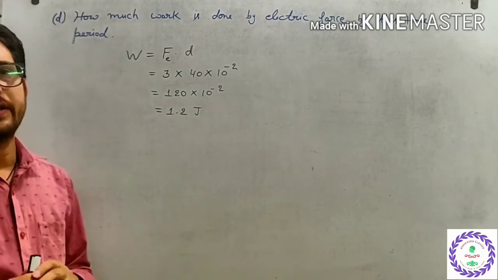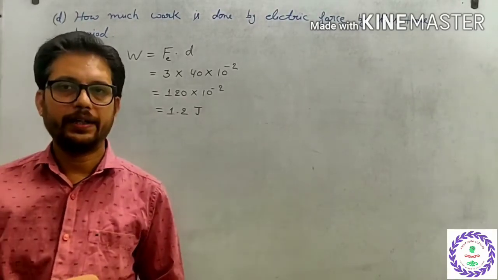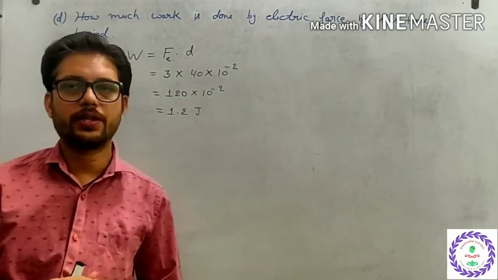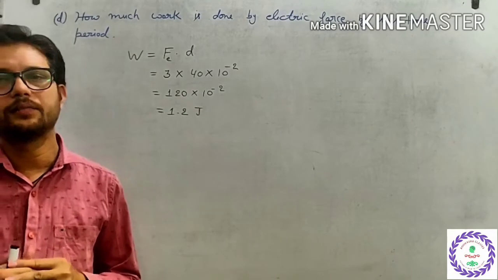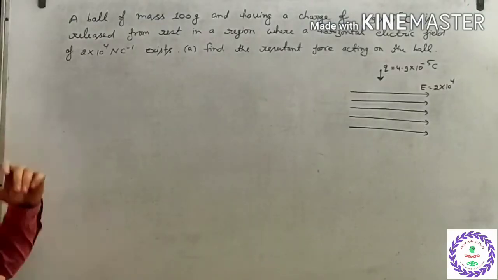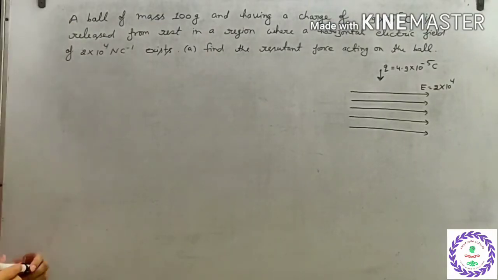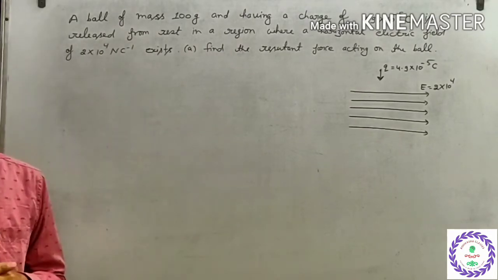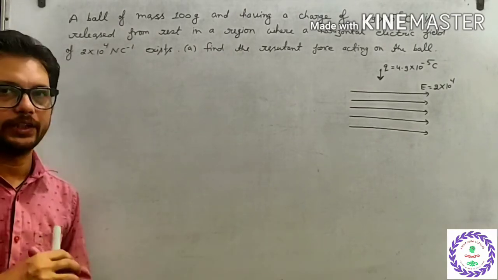I hope this question and each part is clear to all of you. Now we will come to the next question of electric field. In this question and in the previous question there is one change.